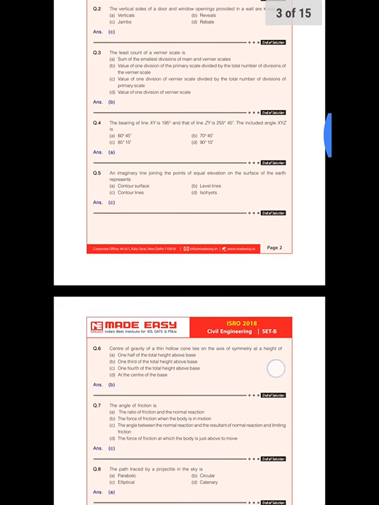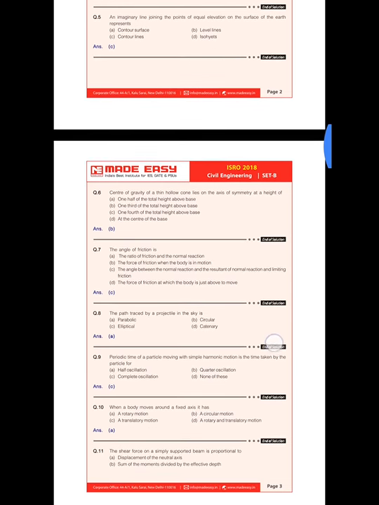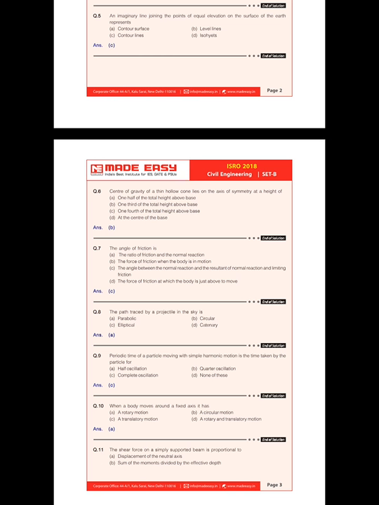Okay, and the center of gravity of a thin hollow cone lies on the axis of symmetry. If you consider the triangle, the center of gravity from the top corner will be at one third of the total height above the base.